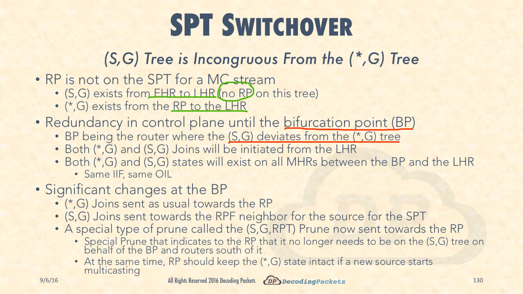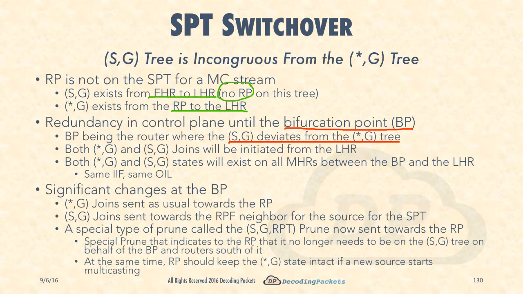In our topology earlier, this was R4, where the *,G went towards R3 up to the RP, but the S,G went leftwards towards R7, and that was the shortest path to the source. So the bifurcation point is the first point where the IIF of the *,G and the S,G differentiates. It's not the same IIF.